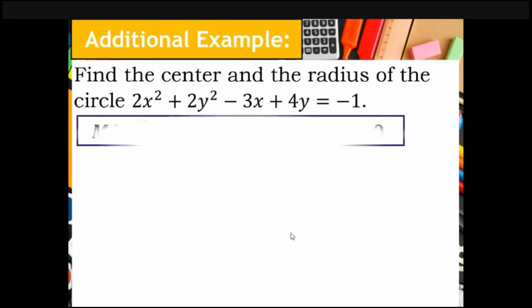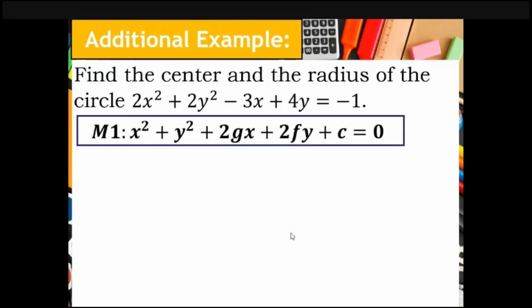So method 1 is by identifying, like how we did it for standard form, if the given is already in the general form. So check if the given is in the form x squared plus y squared plus 2gx plus 2fy plus c equals 0.